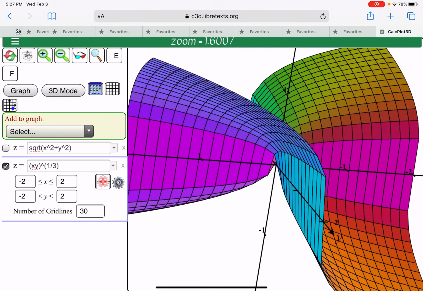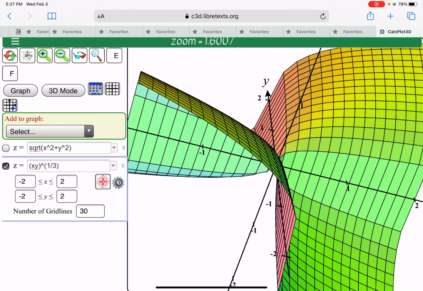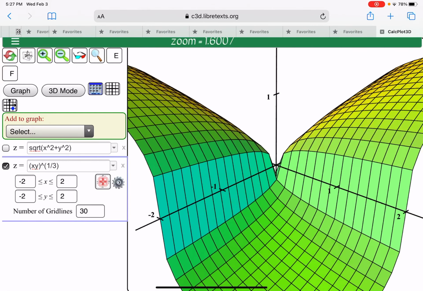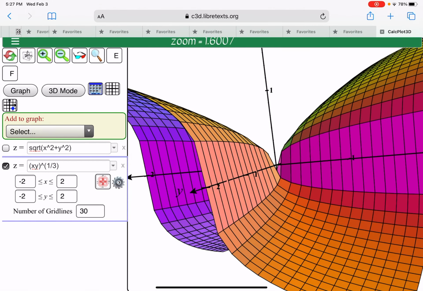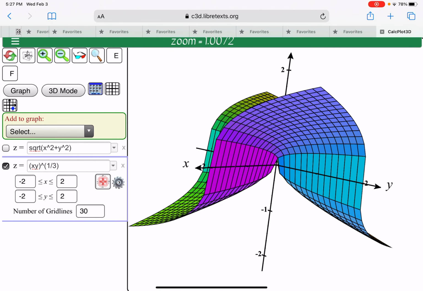But if you flip it in this direction, you expect these lower valleys to come together at 0, 0. So it seems like there's a tear in this surface. And here, again, the partial derivative does not exist.